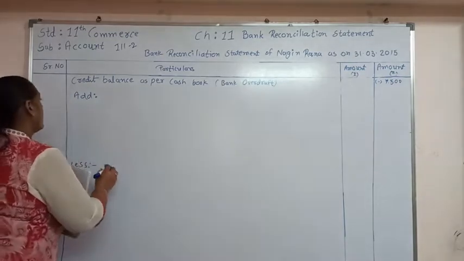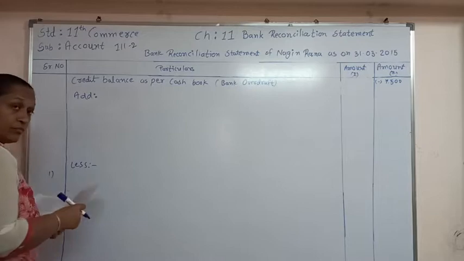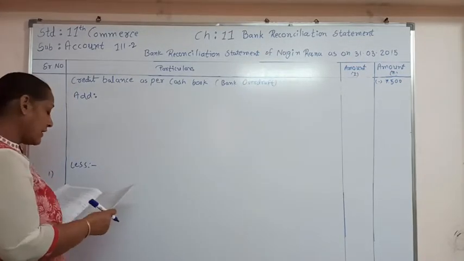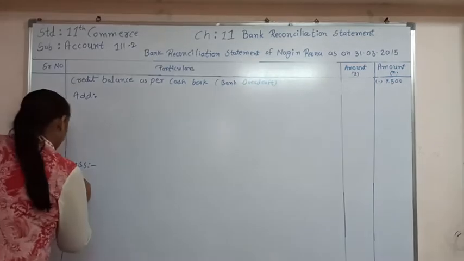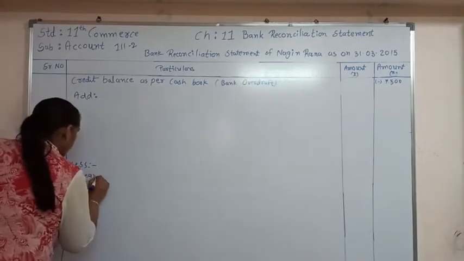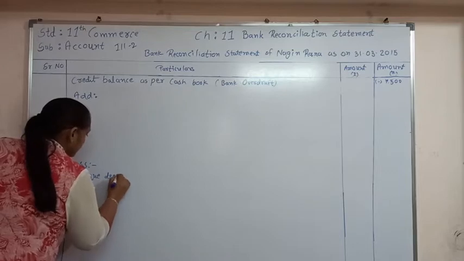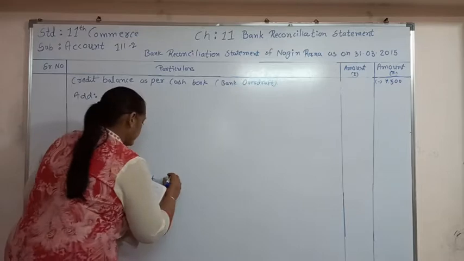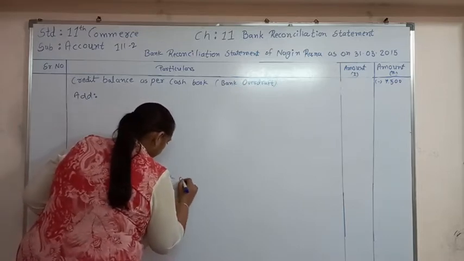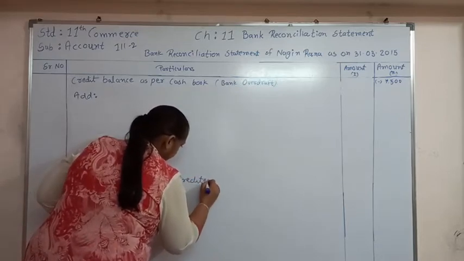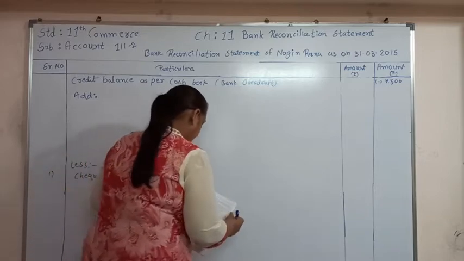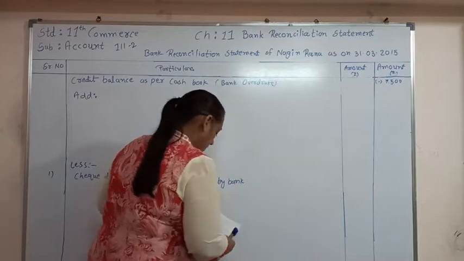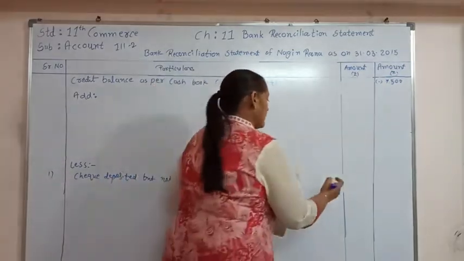Check deposited but not credited by bank, and the amount is 15,000.